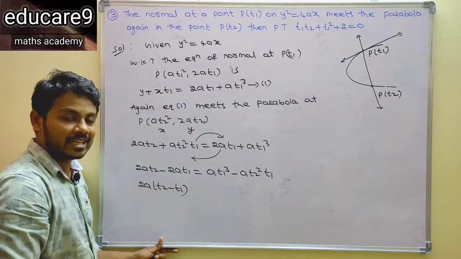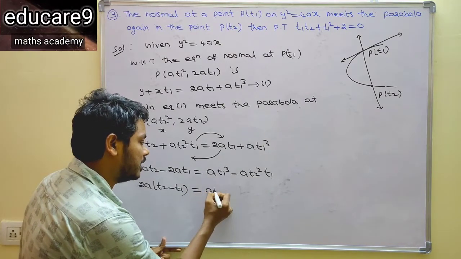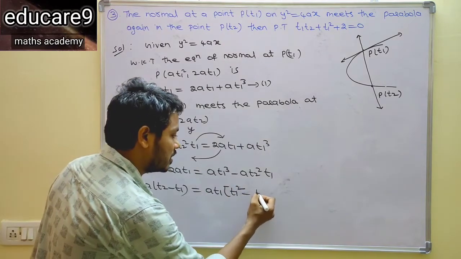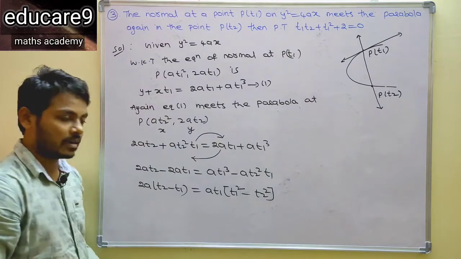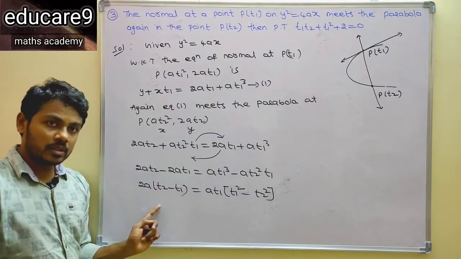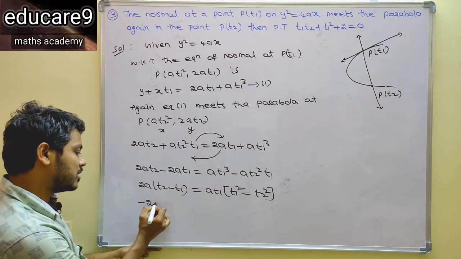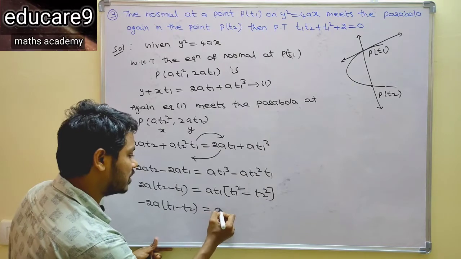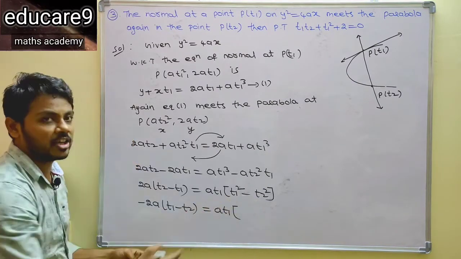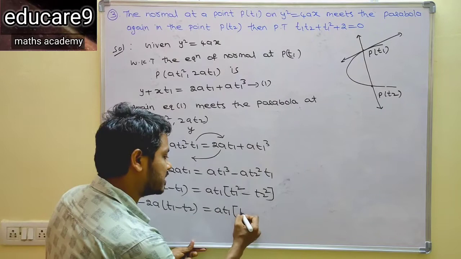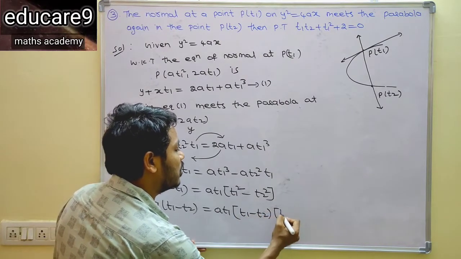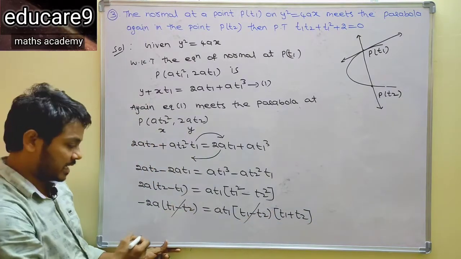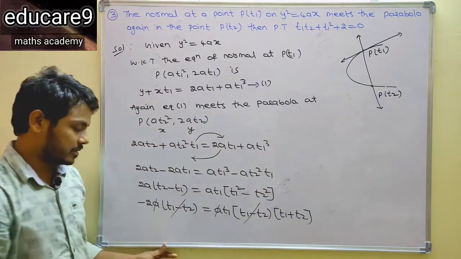Here in both terms AT1 is coming, AT1 of T1 square minus T2 square. Now this can be written as minus 2a times T1 minus T2 is equal to AT1 into, in the form of a minus b into a plus b, T1 minus T2 into T1 plus T2. So T1 minus T2 cancels and a cancels.